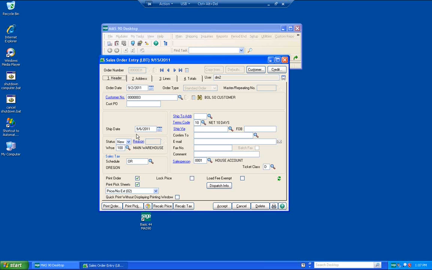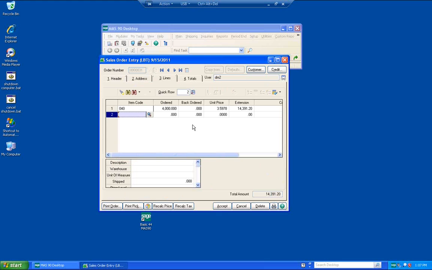The customer's pricing is based on the Tesoro cost plus a 5-cent margin. But because the order was taken on Friday and it's not going to be delivered until September the 6th, the price that's on the order is based on the most current Tesoro cost in that cost table, which is 3.5478 plus a 5-cent markup.